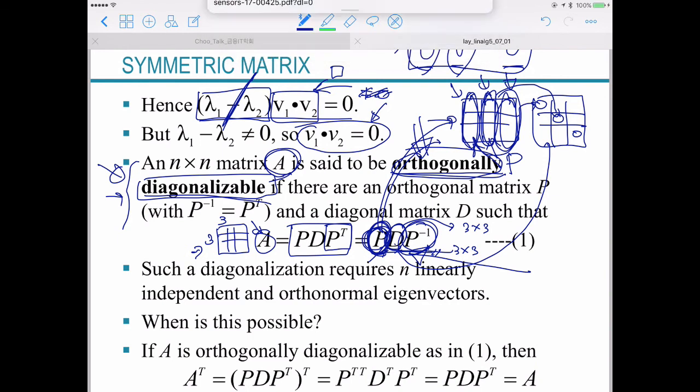And the converse is also true. If you don't know about your matrix yet, but someone said your matrix is orthogonally diagonalizable, then you can conclude that your matrix A is symmetric. Okay, so both directions are true.